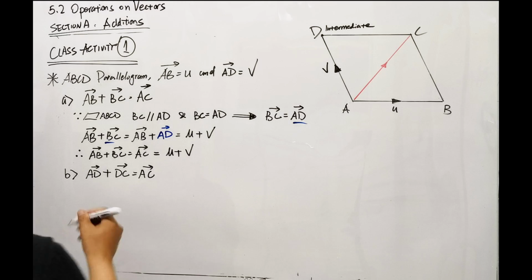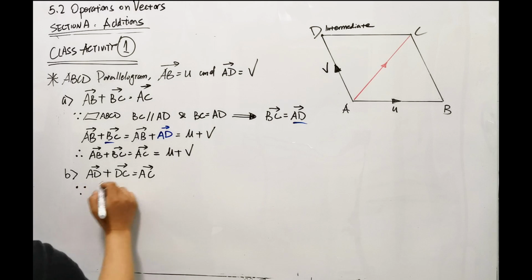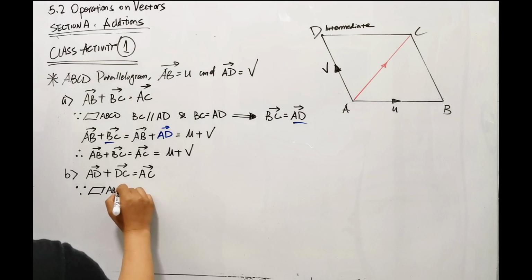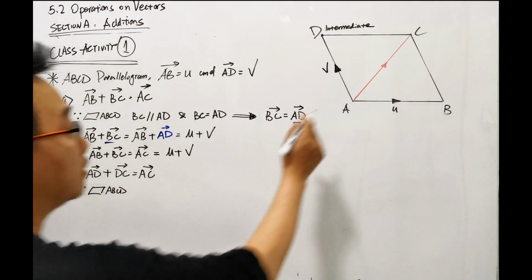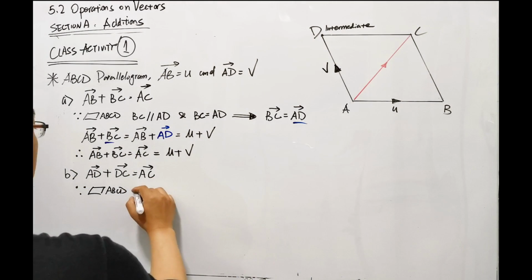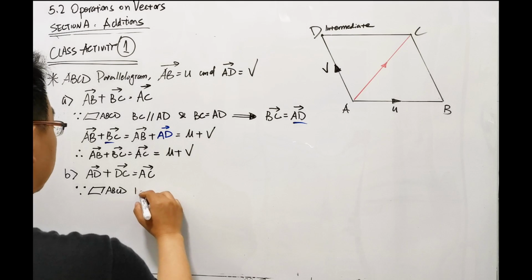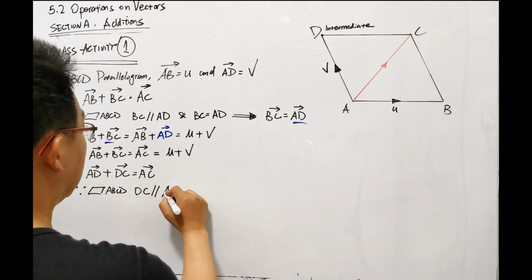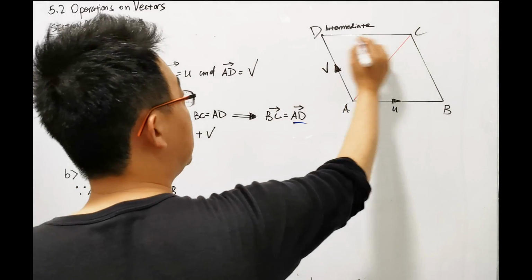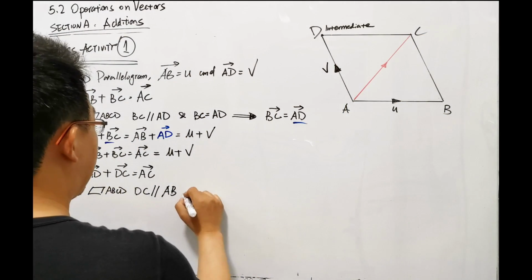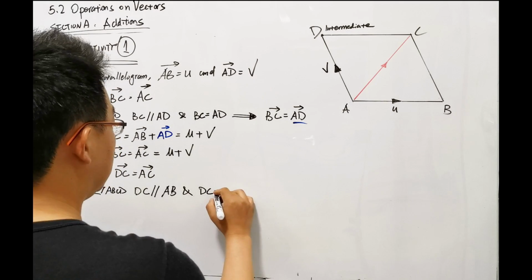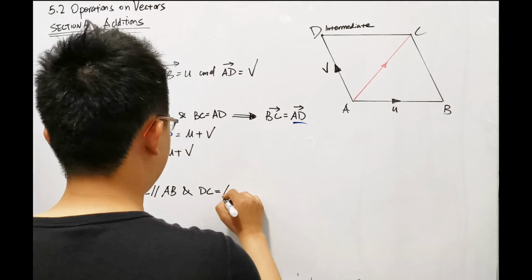Because this is parallelogram ABCD, the line DC is parallel to AB, and DC equals AB.